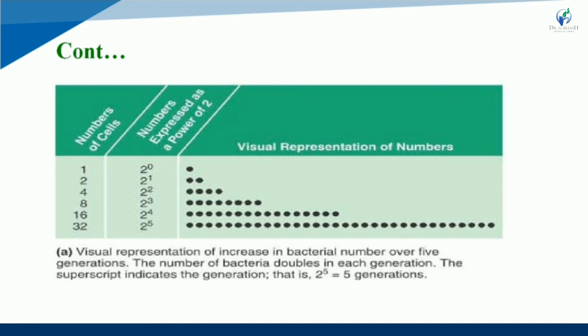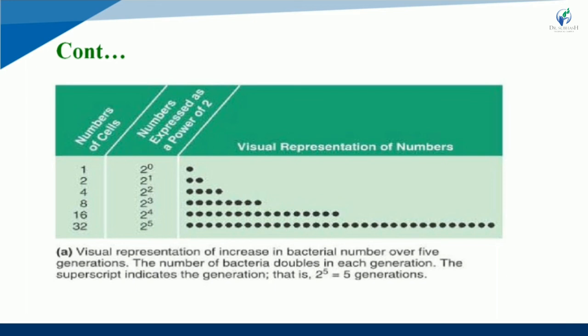The number of cells is 1, 2, 4, 8, 16 and 32, expressed as powers of 2. One cell is 2 to the power of 0, 2 cells is 2 to the power of 1, 4 is 2 to the power of 2, 8 is 2 to the power of 3, 16 is 2 to the power of 4, and 32 is 2 to the power of 5.